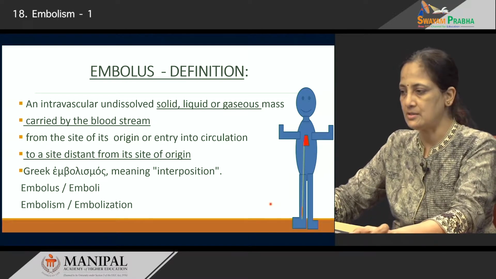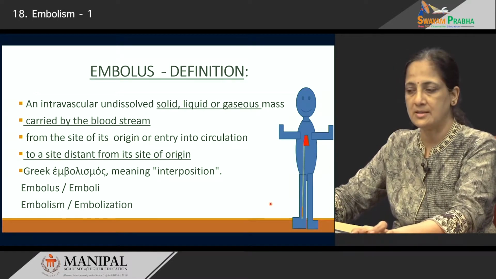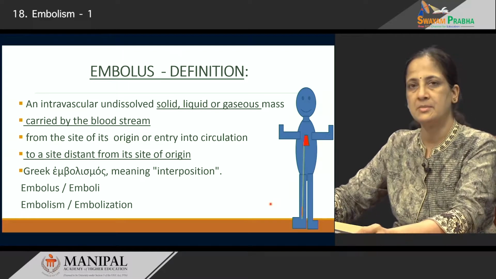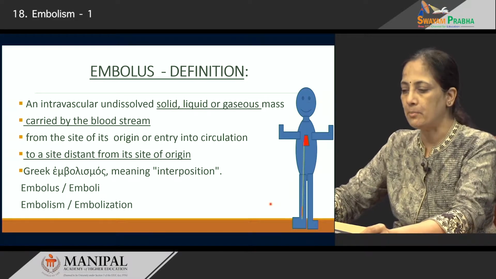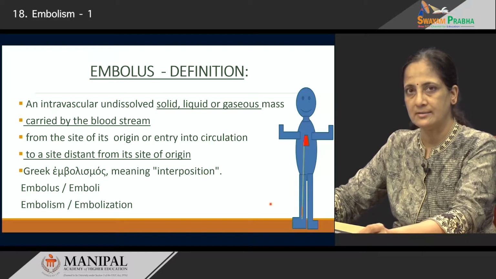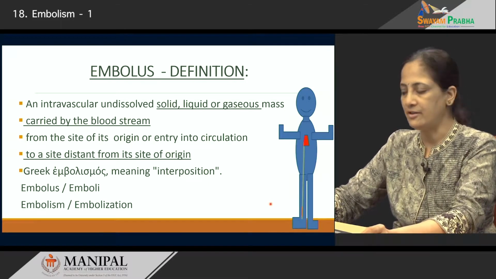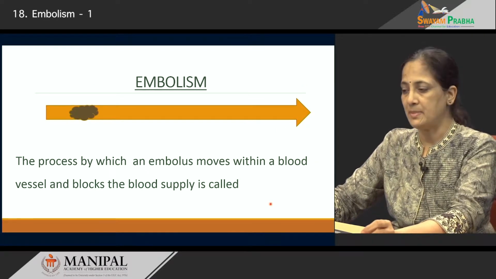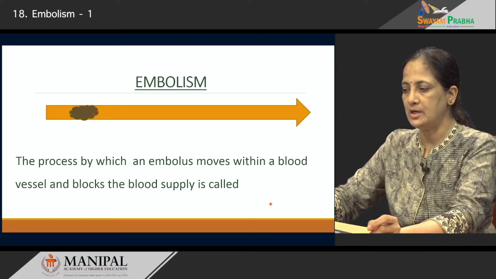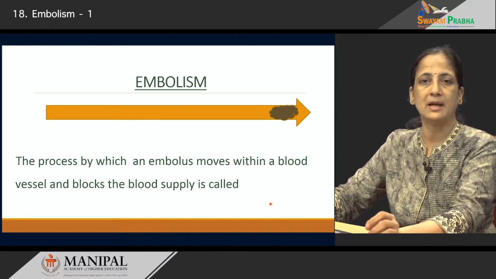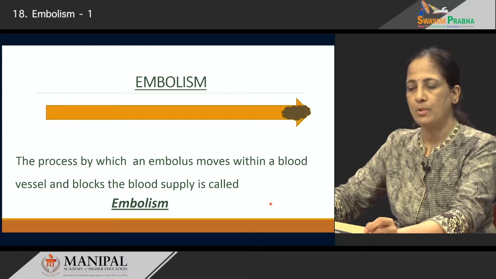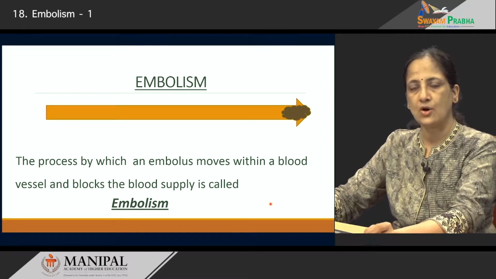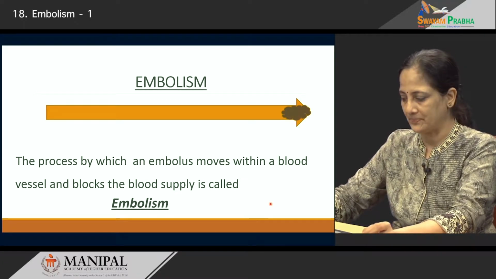This solid mass or liquid mass or gaseous mass which is moving in the bloodstream is referred to as an embolus if it is singular and emboli if there are many. The process by which this embolus moves within the blood vessel and blocks the blood supply is called embolism.